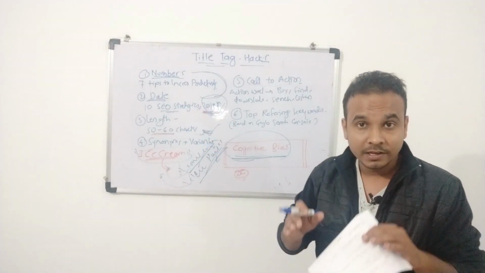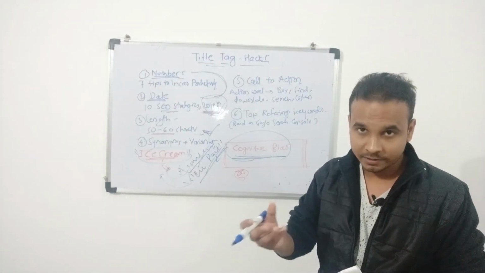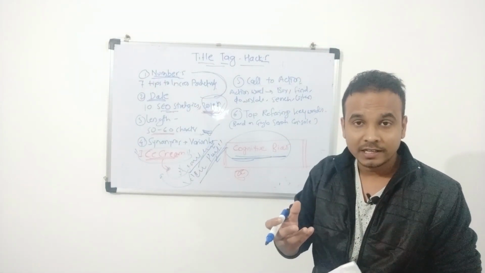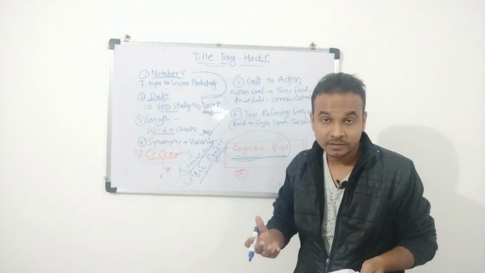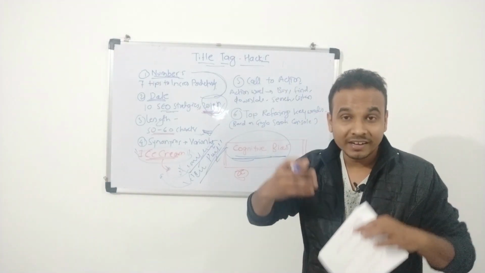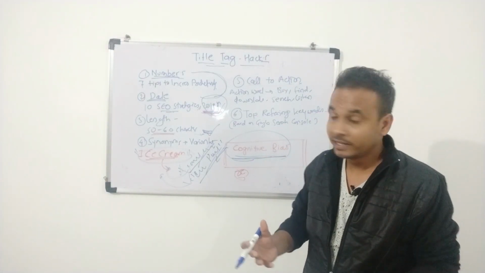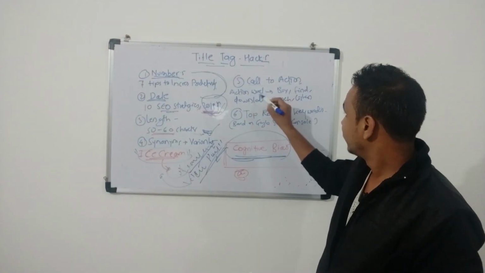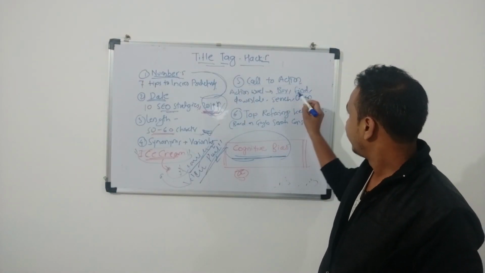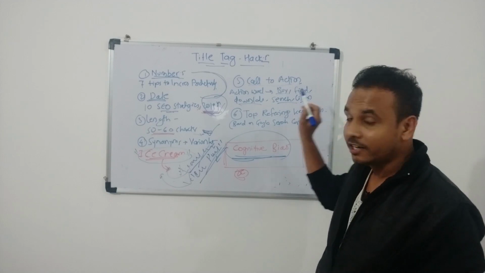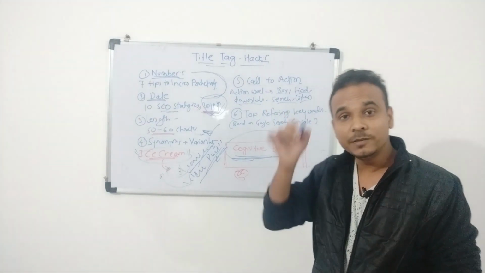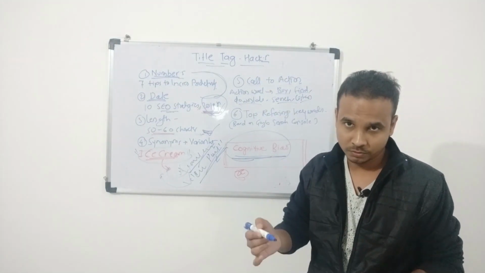But if there is a trigger in the title that stimulates the user to take action, that is very important. Action words like buy, find, download, search, listen. These words specifically tell the user what to do.